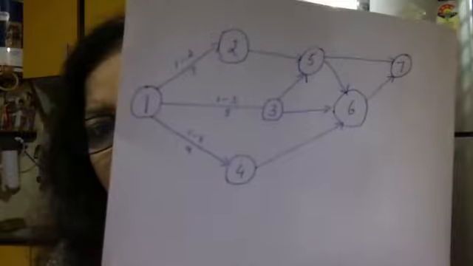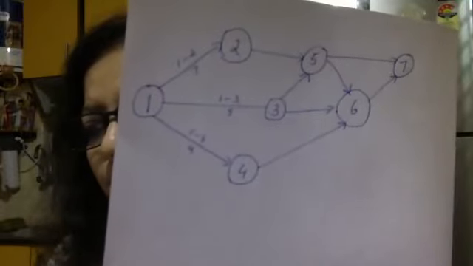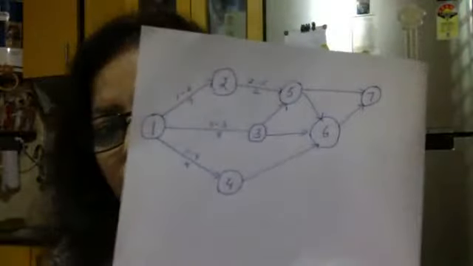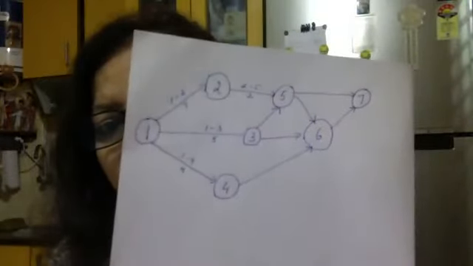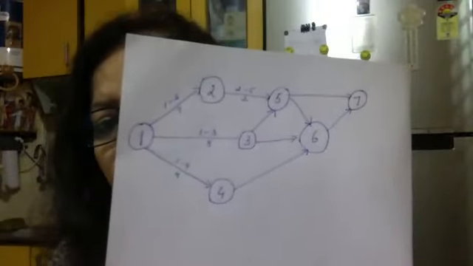Alright, next I'm going to do 2 to 5. 2 to 5 is 2. Next I'm going to do 3 to 5. 3 to 5 is 3.